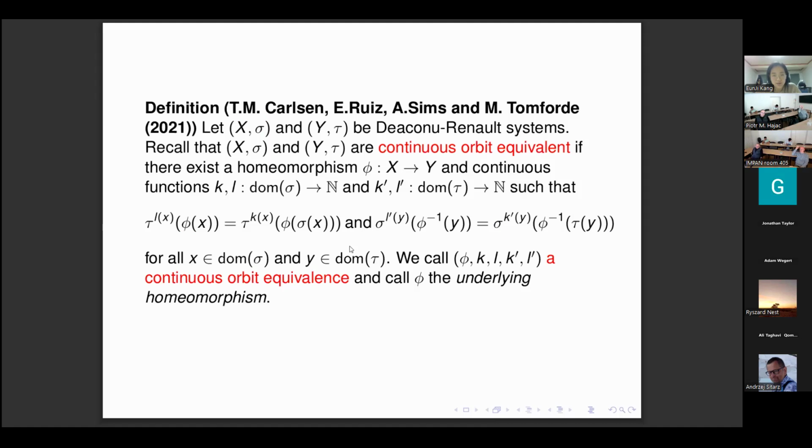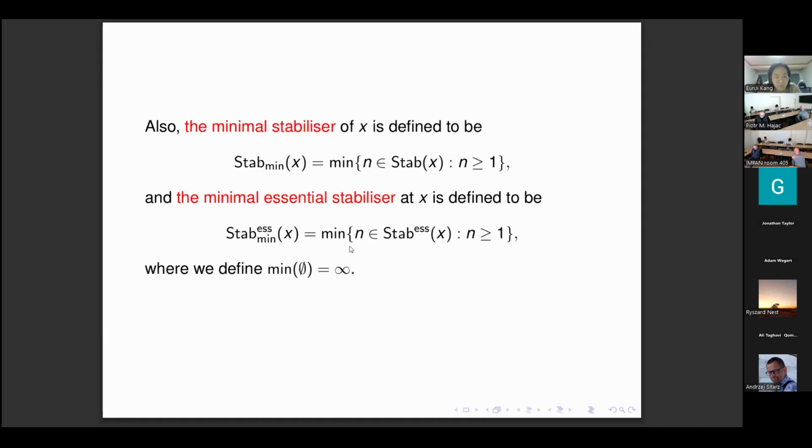Sorry, I have to ask the following question. You are writing minimum, but your stabilizer consisted of integers. So now you are defining the positive part of these integers, and then you are taking the minimum. So somewhere you are fixing the orientation of these integers. You are choosing some generator.